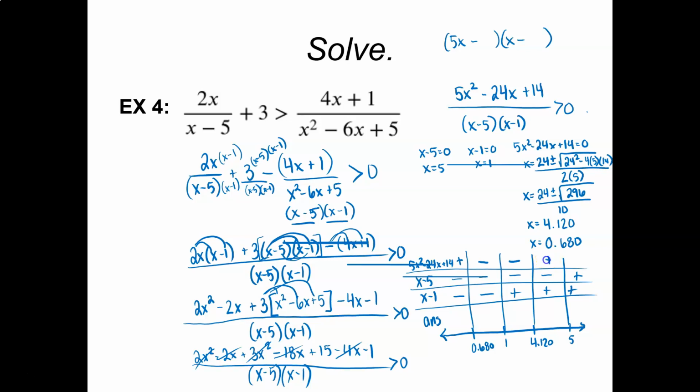That gets me positive, and I bet that last one's going to be positive, but let's check. It's positive also. So we'll have positive here, negative here, positive here, negative here, and positive here.